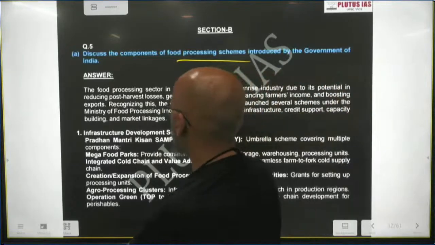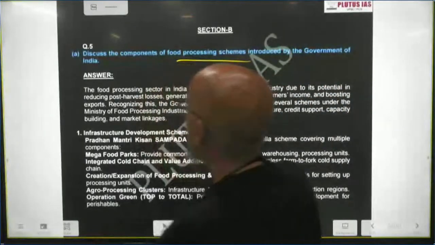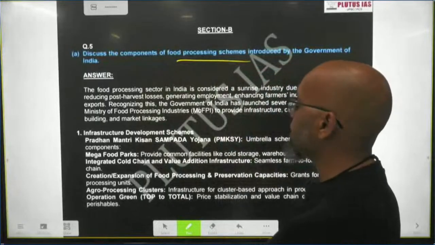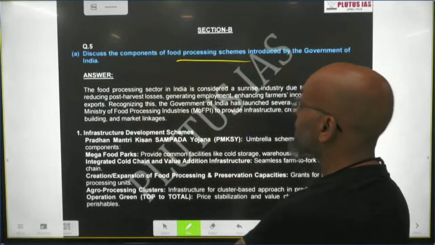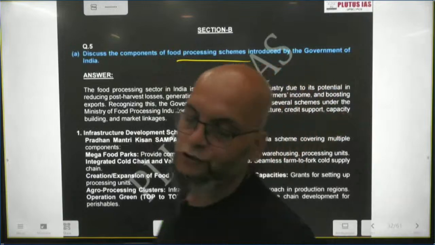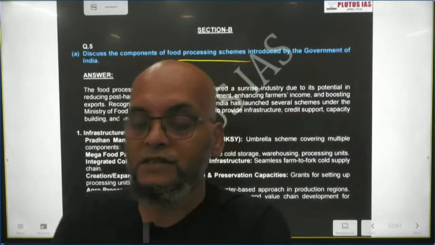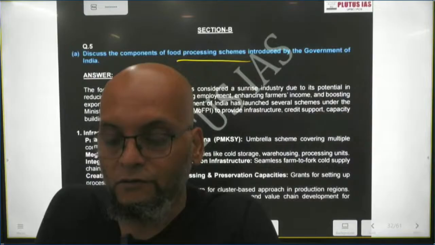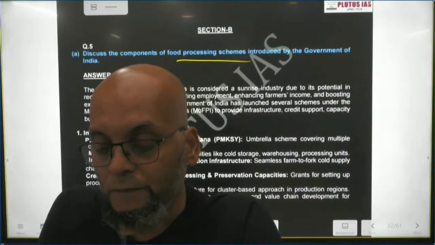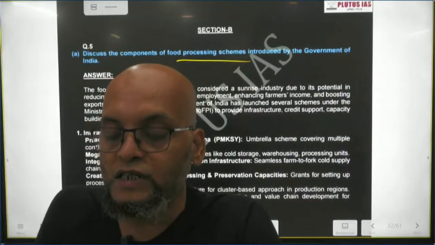So the infrastructure development scheme is Pradhan Mantri Kisan Sampada Yojana, PMKSY. And guys, as I always tell my students, the schemes that are launched by the government are very important, very crucial, and you should go through those schemes.